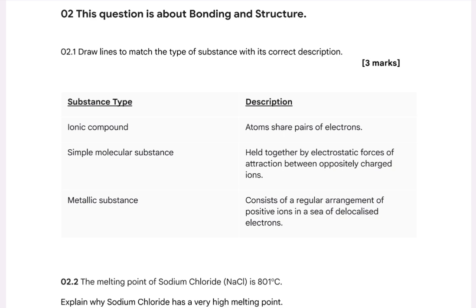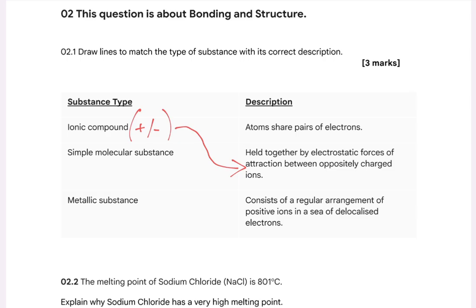So in the first one, we're being asked to look for the ionic compound, and ionic compounds are compounds made of positive and negative ions, which are oppositely charged, and so we can see that definition nicely in that second point there.